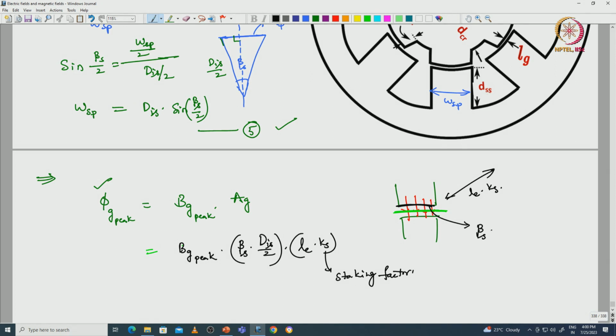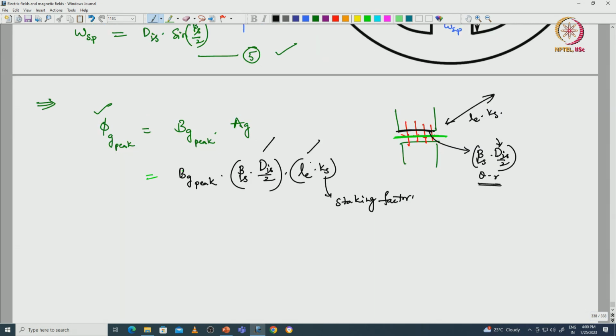Here also beta s is required, into DIS by 2. This is the angle into radius; theta into r will give the arc length. So arc length into the y axis length with respect to the core will give the area. So this is phi g peak, the flux at the air gap.